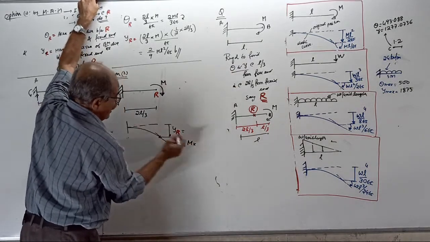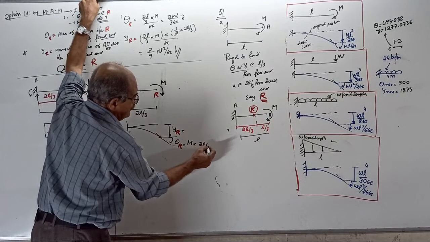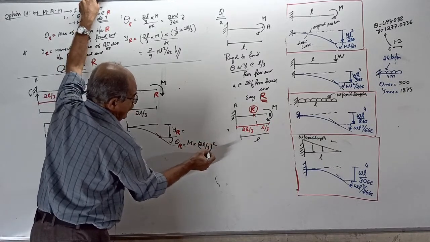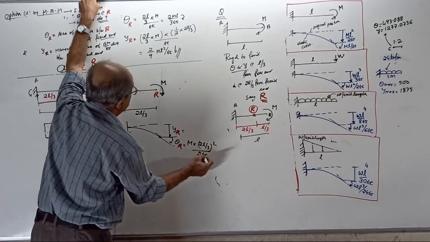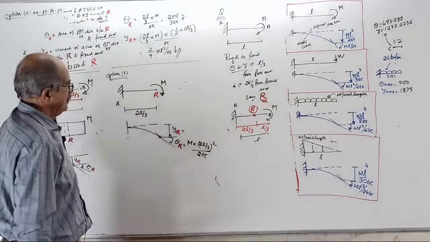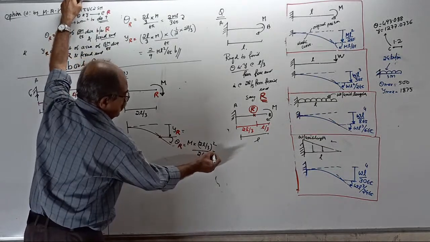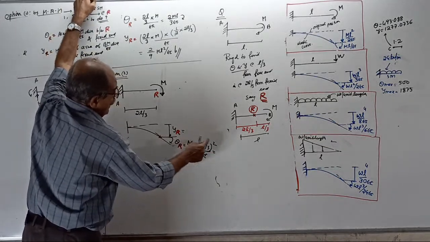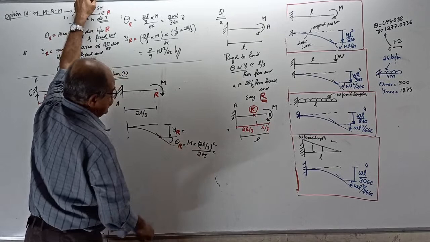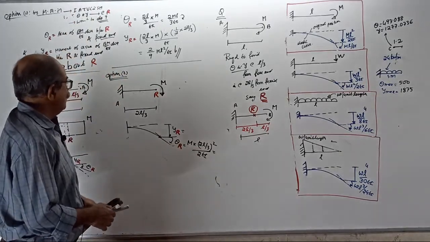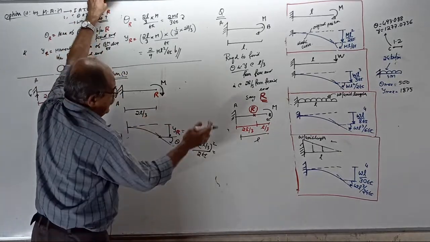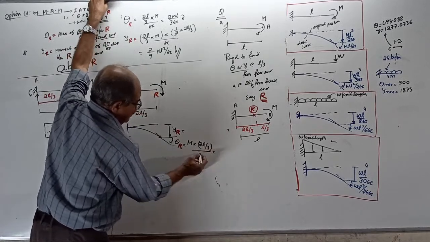L square is 2L by 3 whole square by 2EI, which gives 2 square by 3 square divided by 2, ML by EI.